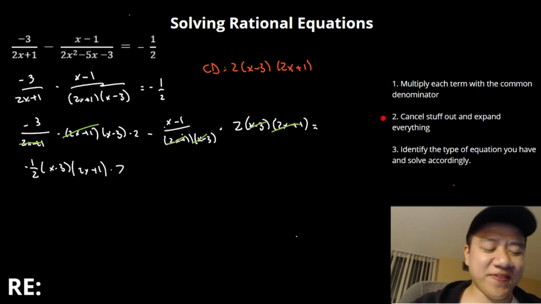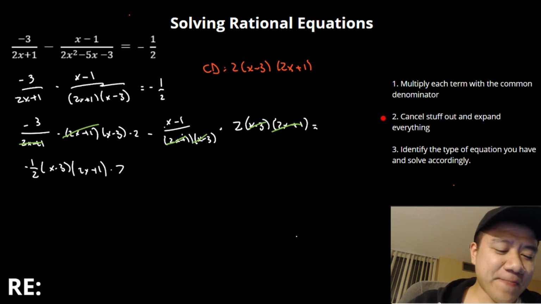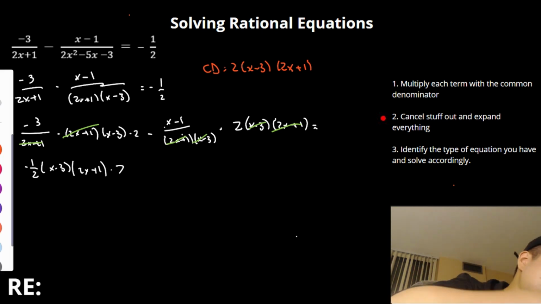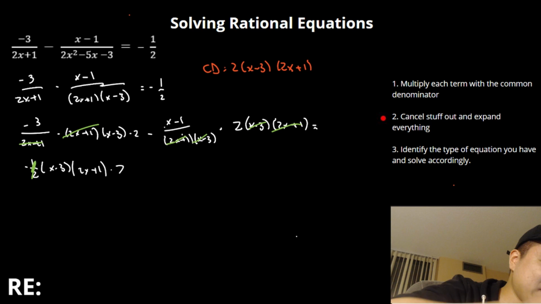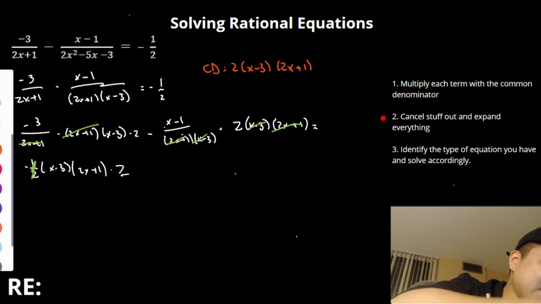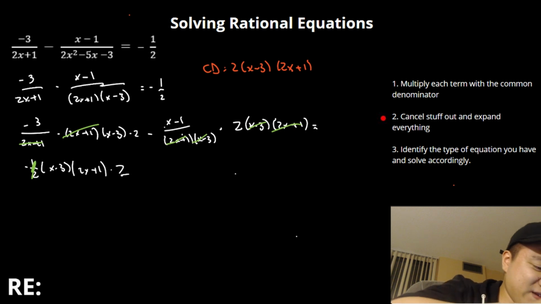All of this simplifies out. And last but not least, we have that one, and we can't do anything to that. Oh no, we can. We can cross out this. This is actually supposed to be a 2. It just didn't show up. Okay, these are gone.